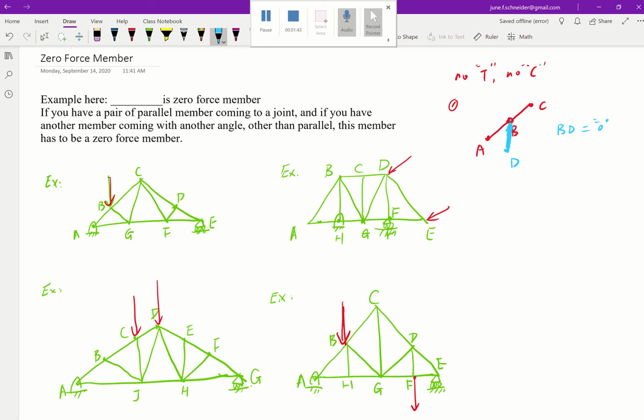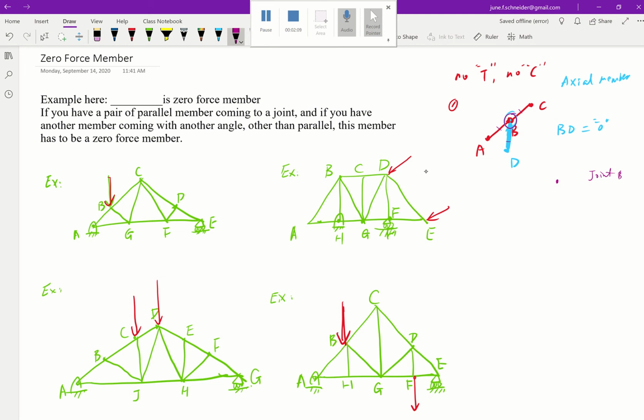We learned that a truss member is an axial member, which means the force is along the axis, right? So if we use the method of joints to look at joint B, we cut off AB, BC and BD.